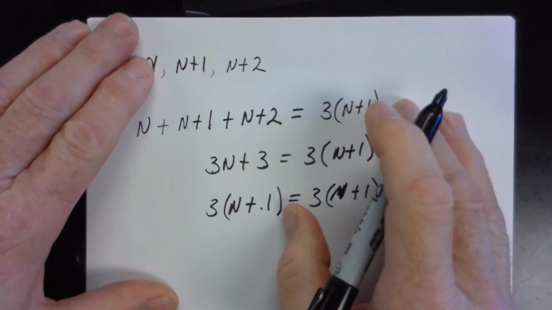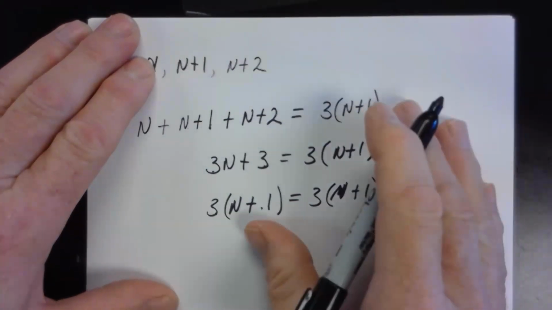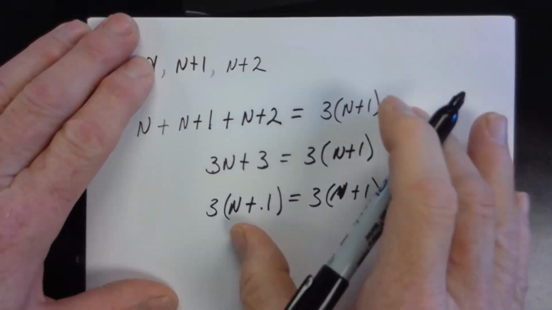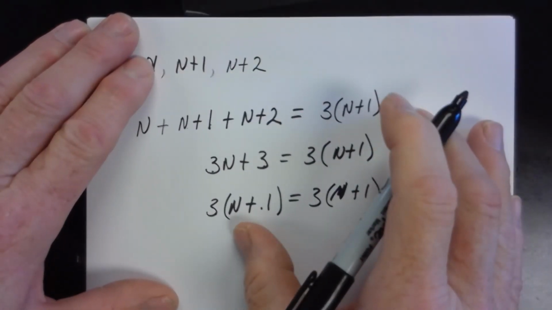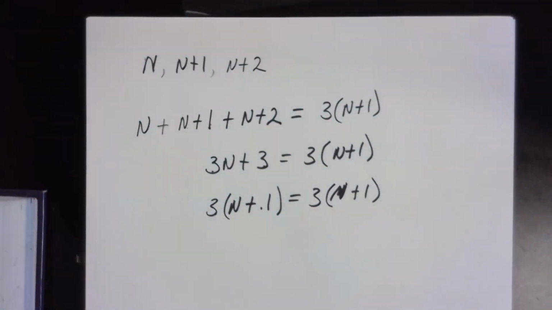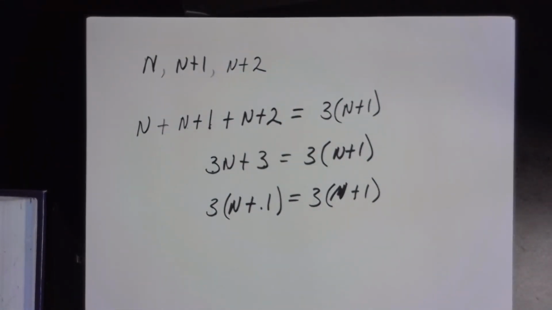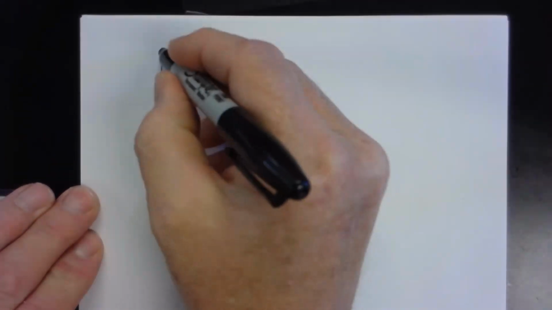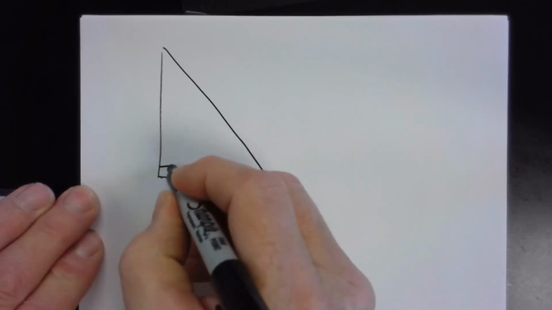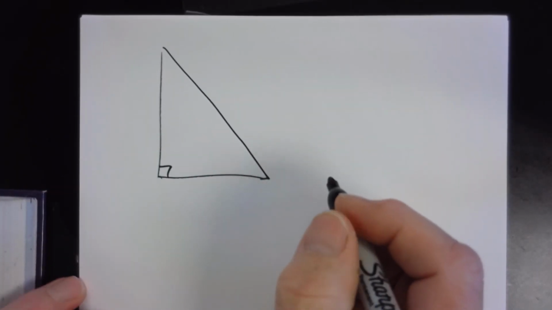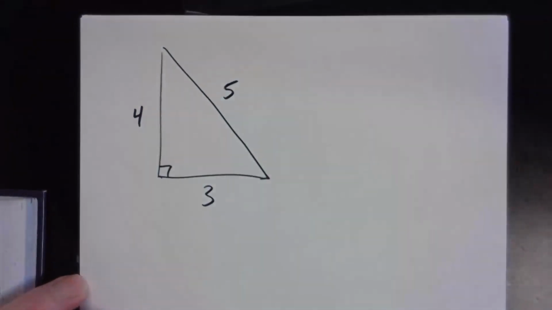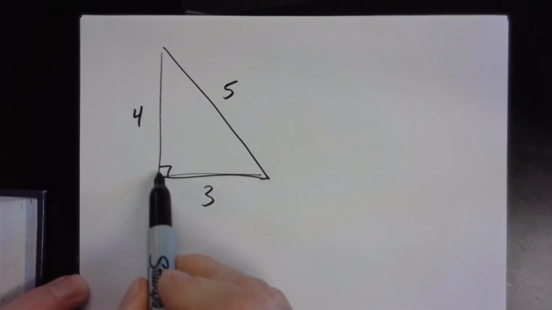Whenever we prove something, whenever we have a theorem or something like that, we prove it by deductive reasoning. But first of all, you have to come up with an idea. You have to look at a whole bunch of right triangles, and I'm talking a whole bunch, and you keep looking at them, and you're like, you know what? It doesn't matter how long I make these two sides.